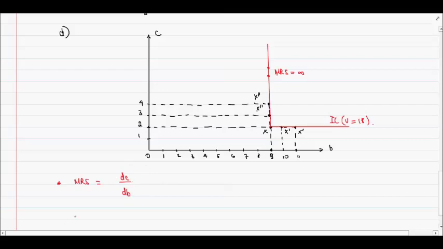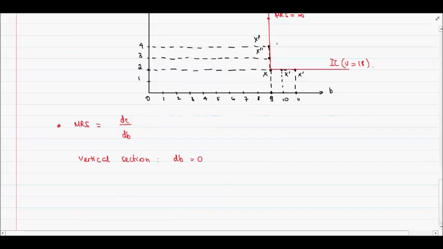That is just the slope of the indifference curve. Now for the vertical section, when I move from one point to the other, dB is going to be equal to 0. We do not have any change in the B value.